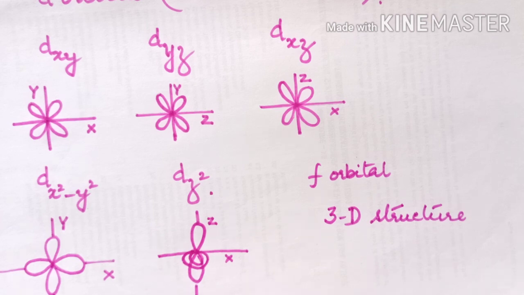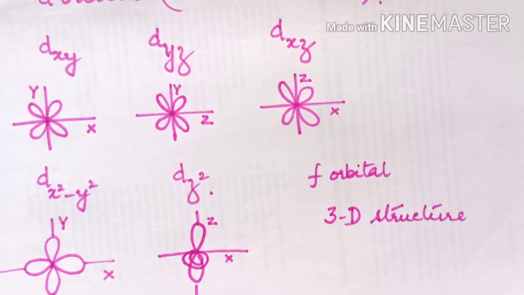So we have learned today that there are 4 main types of orbitals, the names being s, p, d and f. We have s, which is of only one variety, p, which are of 3 different varieties, d, there are 5 different varieties, and f, there are 7 different varieties.